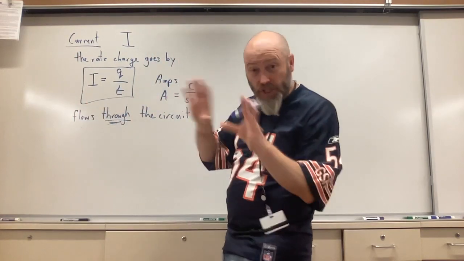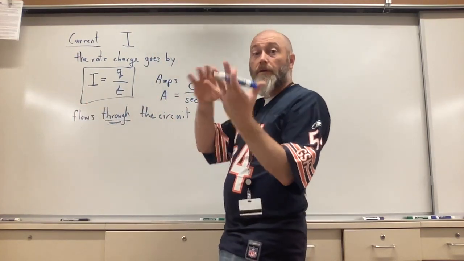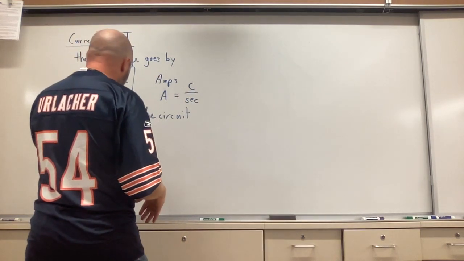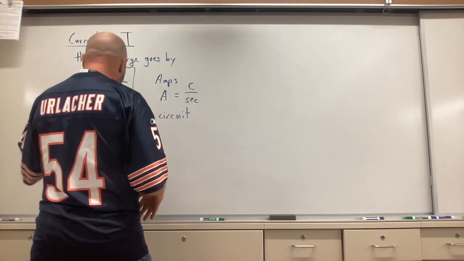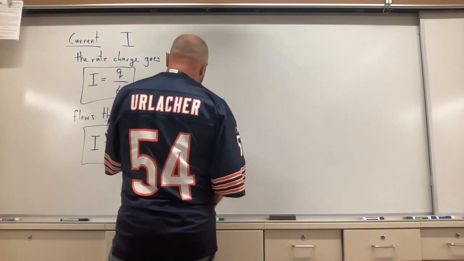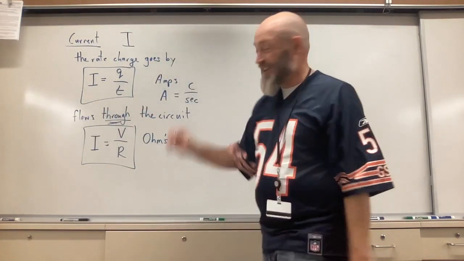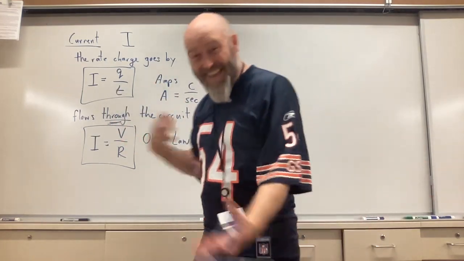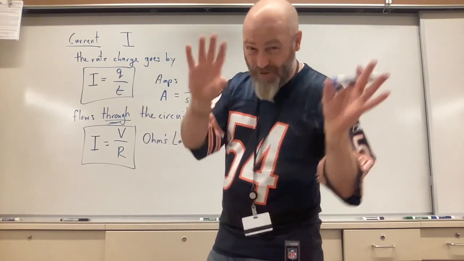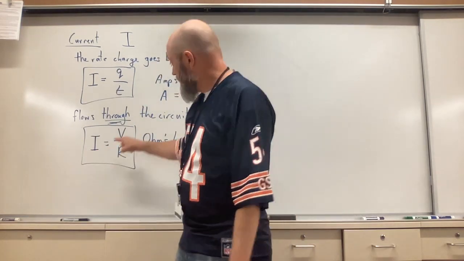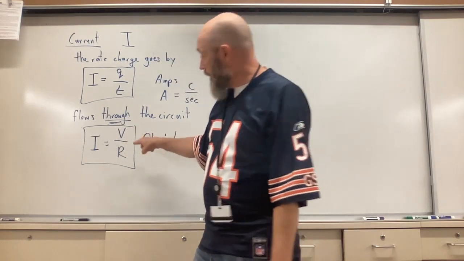The relationship between voltage and current is this, and this is how you will see it on your equation sheet as well. This is called Ohm's law, which is the relationship between voltage, resistance, and current. The reason the College Board writes it like this is that they are saying current depends on voltage and resistance.